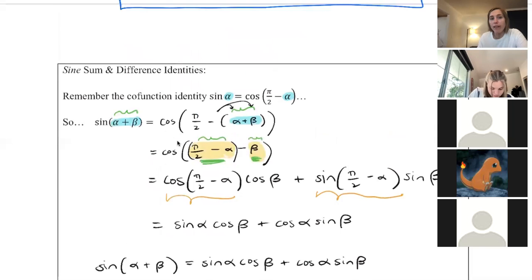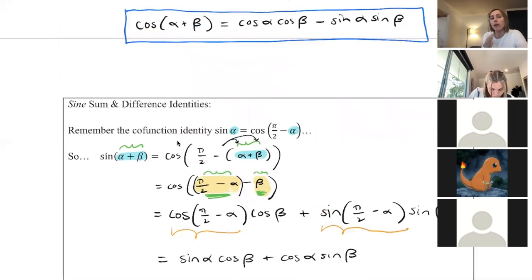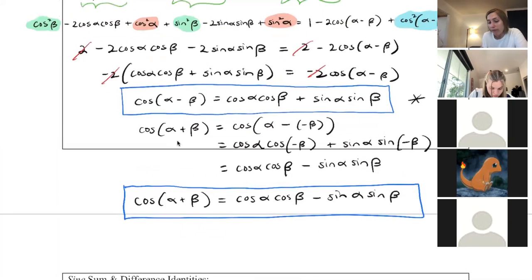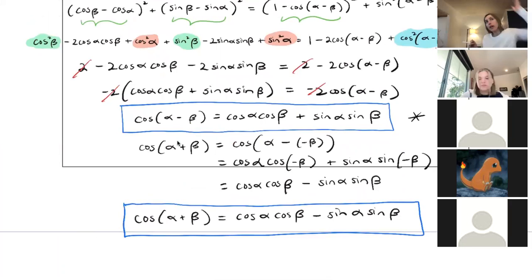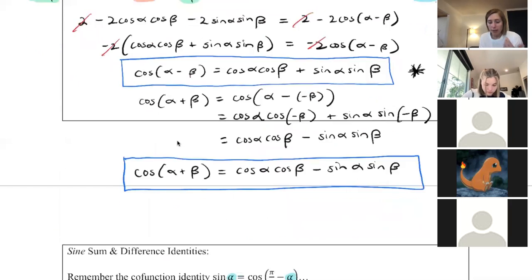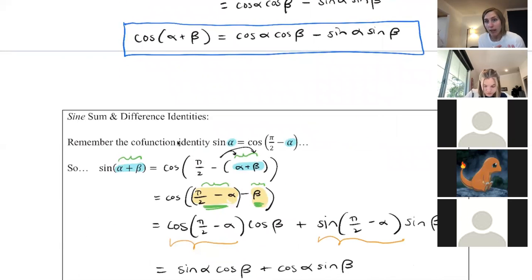Because all we have at this point, we're trying to find what the sum identity is for sine, and all we really have are those other identities that we've talked about, but also the cosine sum and difference identities. So we're able to go back and apply the cosine difference identity, so this one up here, by rewriting sine of alpha plus beta using that cofunction identity.